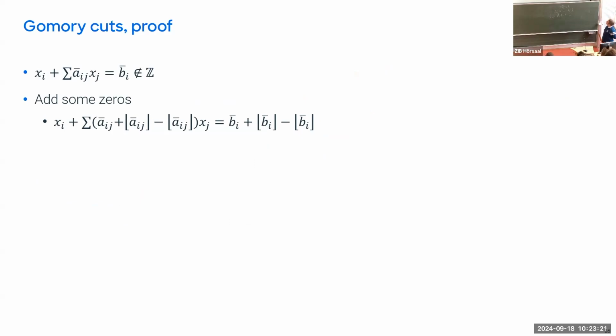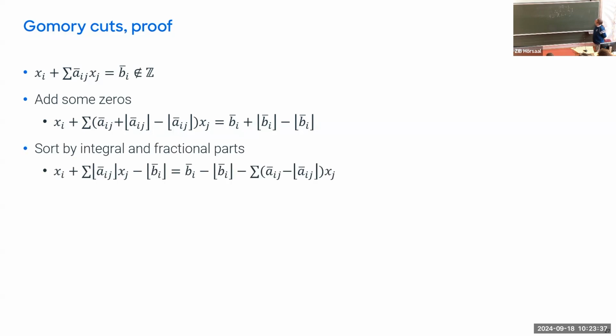So first of all, nothing really happening here. We add a lot of zeros into this. So this cancels out, this cancels out. We will use this because in the next step we need to sort these values. But mathematically, we've only added zeros to both sides. So now we start sorting this. Everything that is integer goes to the left-hand side.